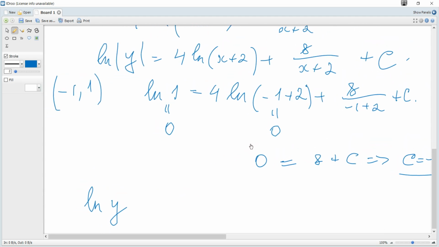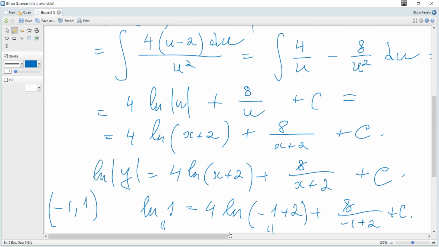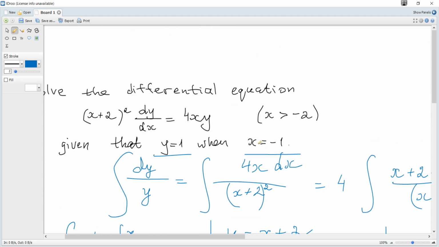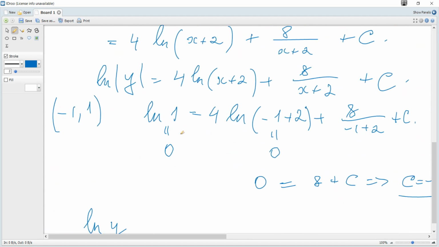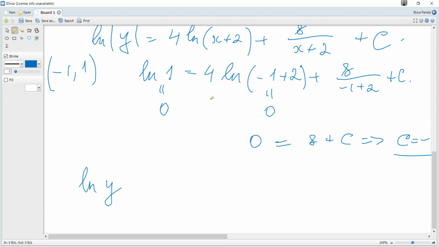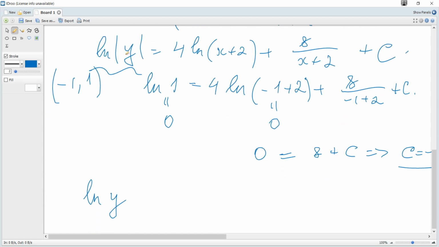Or actually, you may write in general the absolute value of y, then consider two situations, when y is positive and when y is negative, and when you check this point, it will be true only when y is positive. But you may use the initial condition to find out whether this expression is positive or negative, to get rid of the absolute value bars.